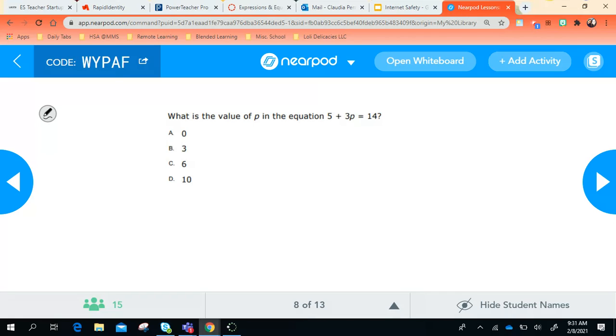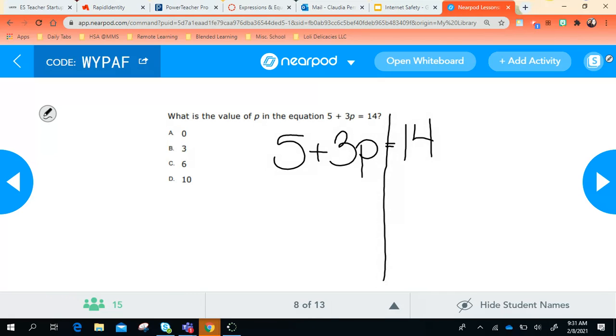Pencils down once you're done so I know that you're ready to move on. And I'm just rewriting it so that it's bigger.